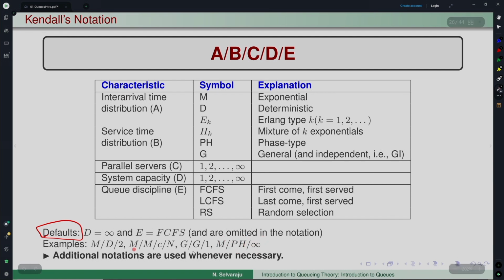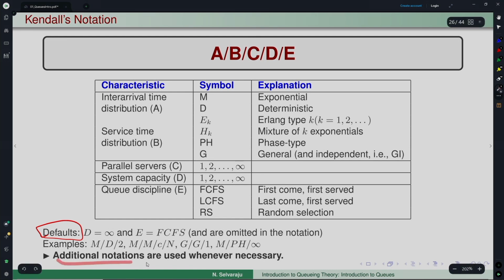Now, we have seen things like vacation, retrial, network and so many other phenomena. They could be represented using this notation to the extent possible, but it is not that they can be completely described using notation itself, because some might use additional notation, but that is not common or standard for everyone to understand.